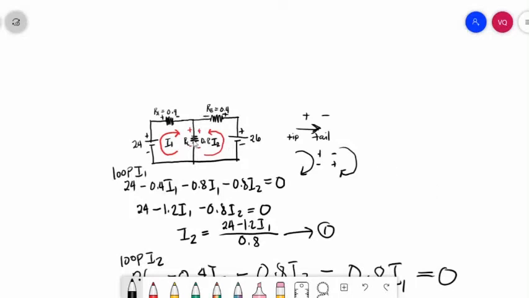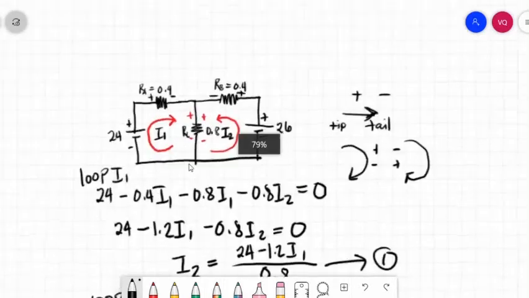And the current in RL will be the sum of I1 and I2 because they are in the same direction.